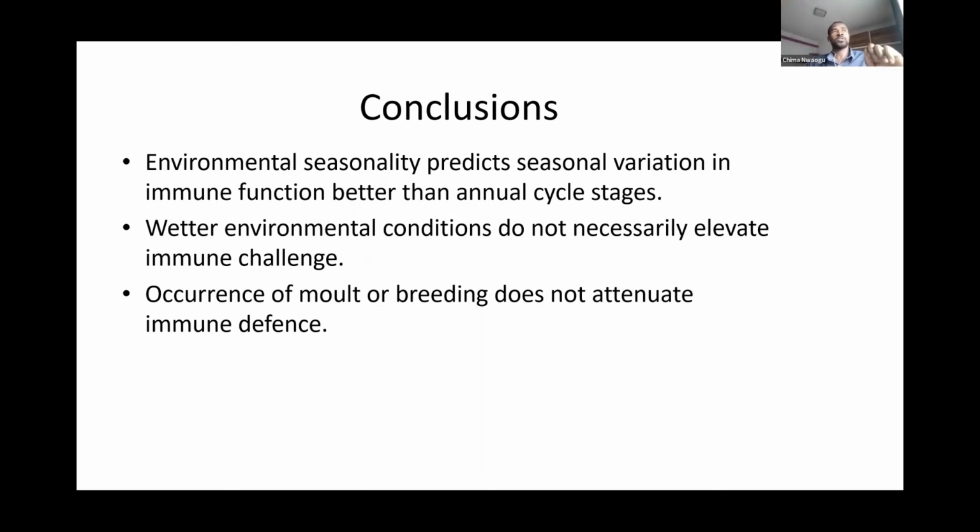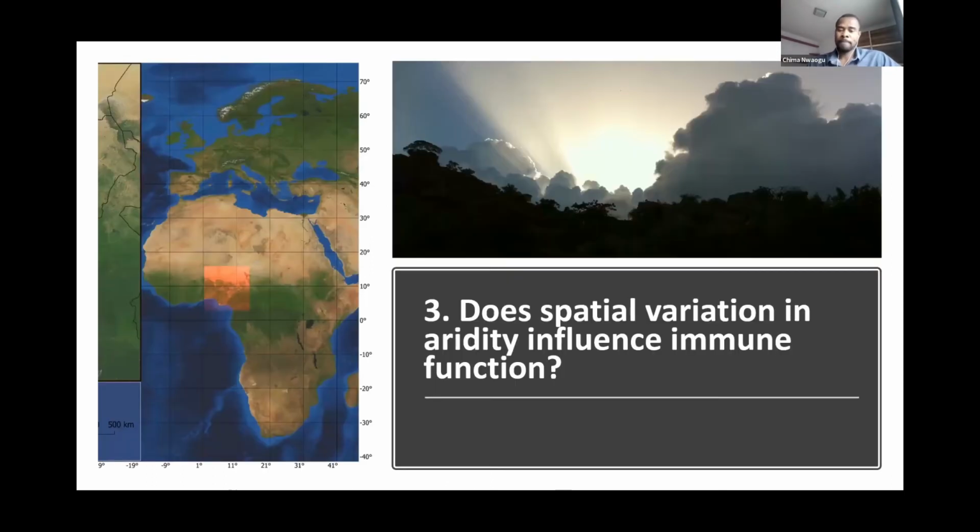So we cannot argue that immune function is down-regulated because of the cost of changing feathers. And when this is done in very good condition, birds can maintain their immune function at a good level, as well as change their feathers to be prepared for harsh conditions.